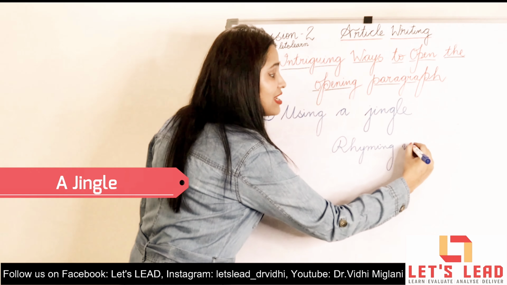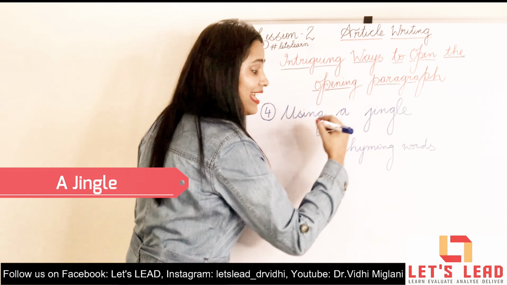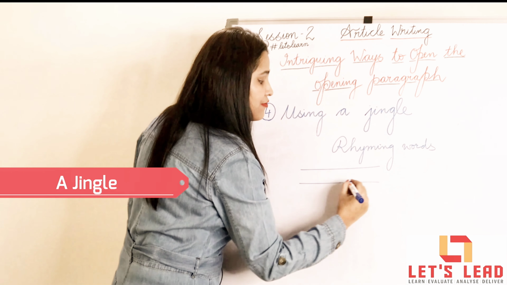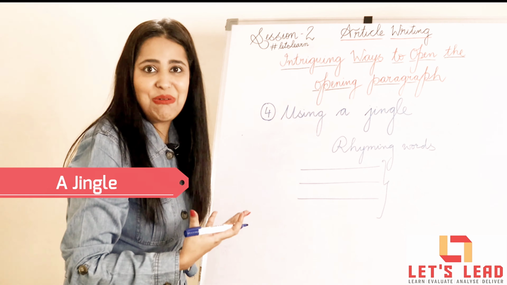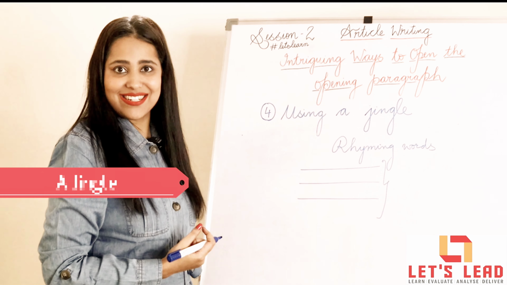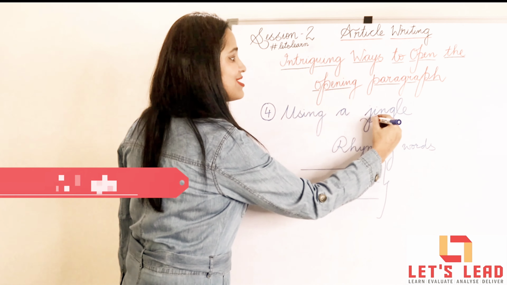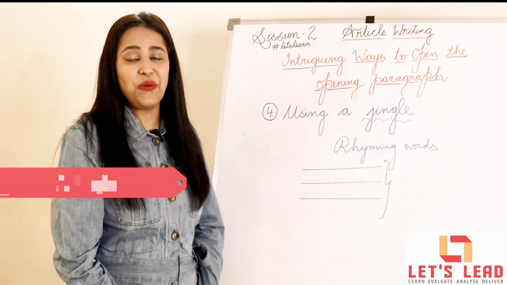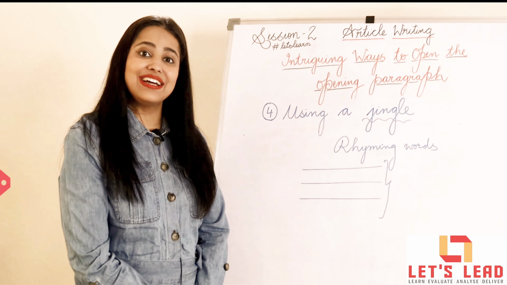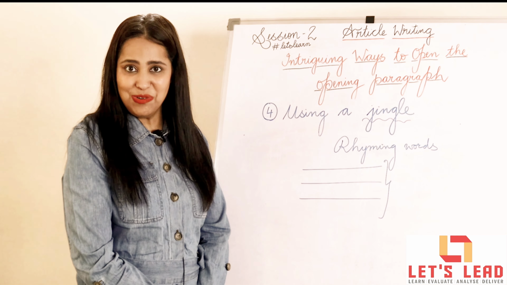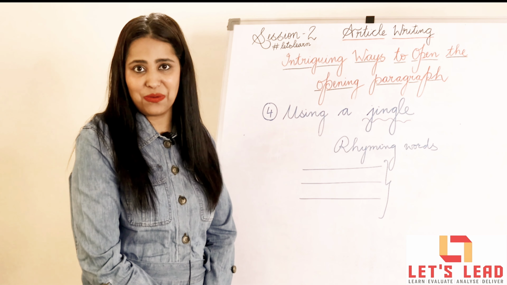When you use the rhyming words at the end of few phrases or sentences and come up with a small rhyme to start your article with, that is known as a jingle. Well, I have framed a jingle for you on the topic: combating the menace of pollution, need of the hour.